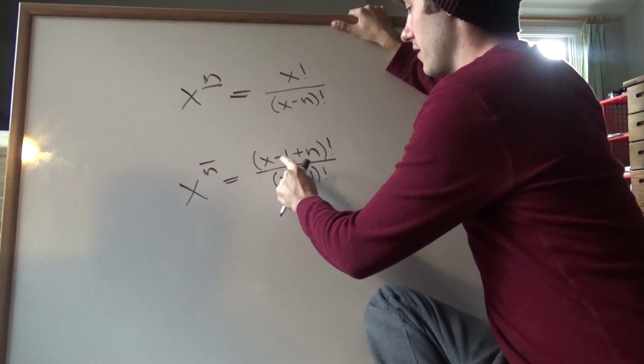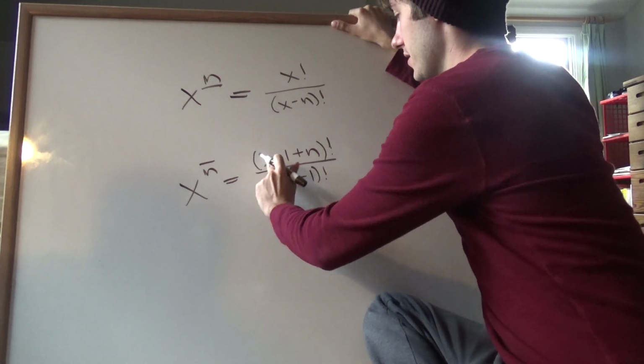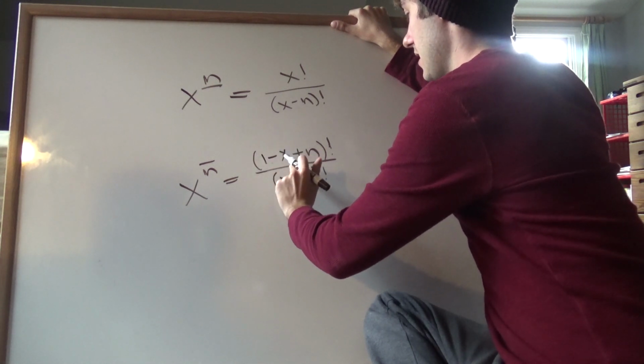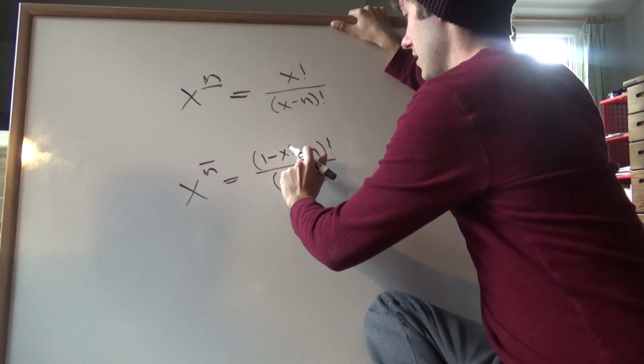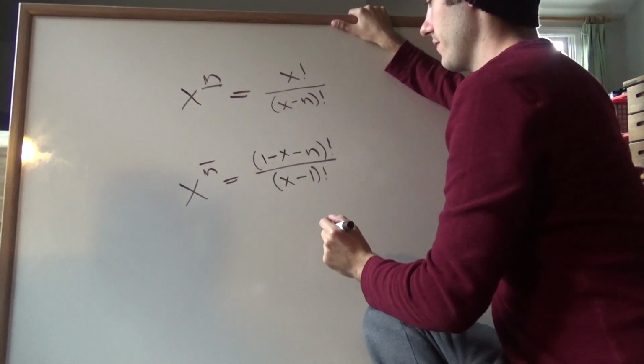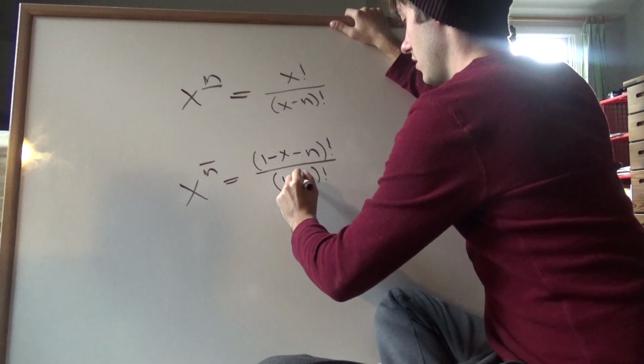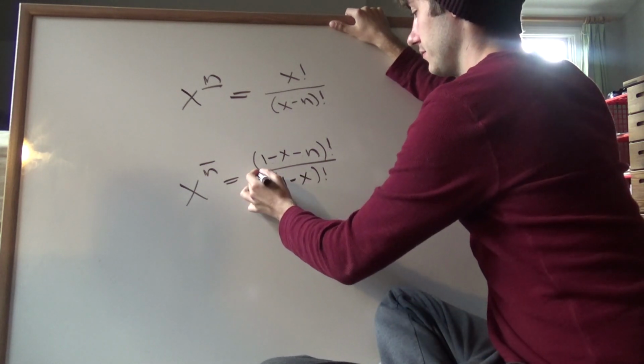So what I'm going to do is factor negative 1 out of all of this, so that's going to become 1 minus x, and that's going to be minus n. And I'm going to factor negative 1 out of all of those, 1 minus x.